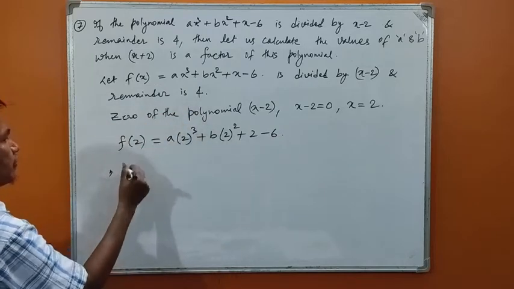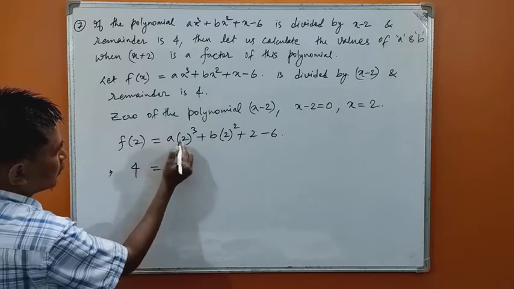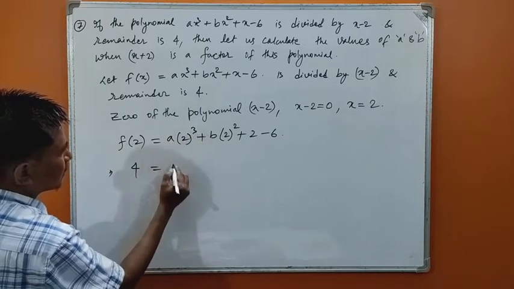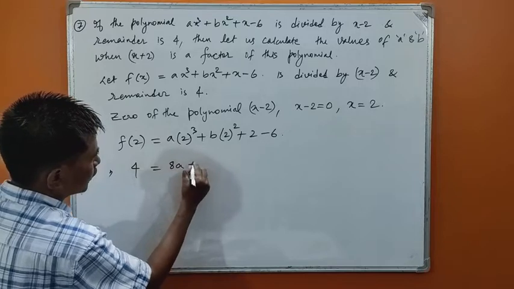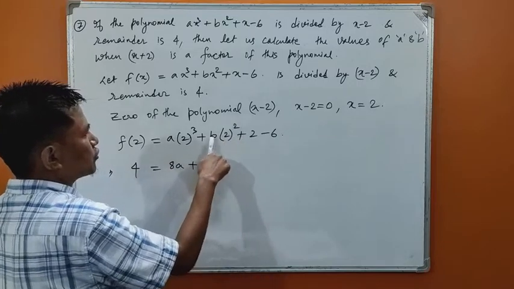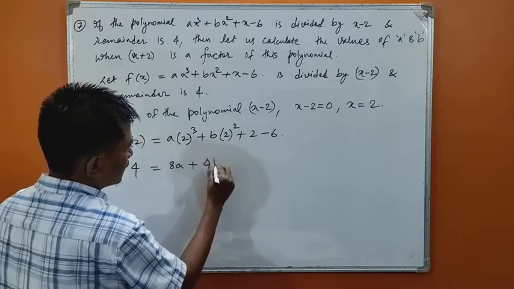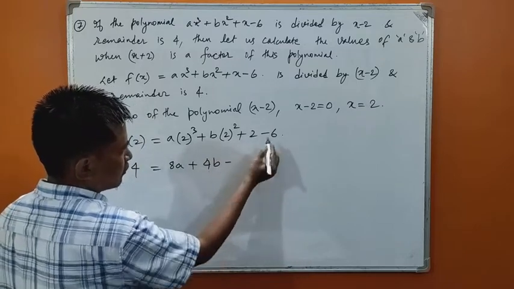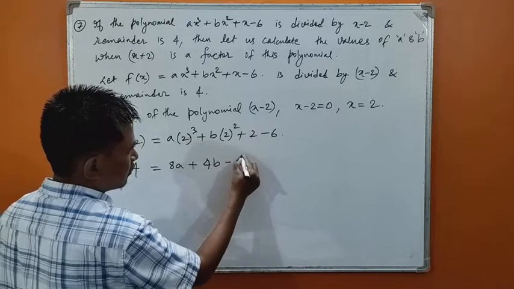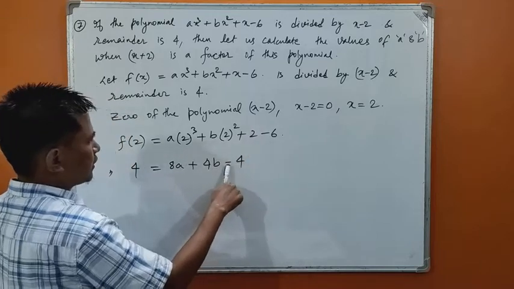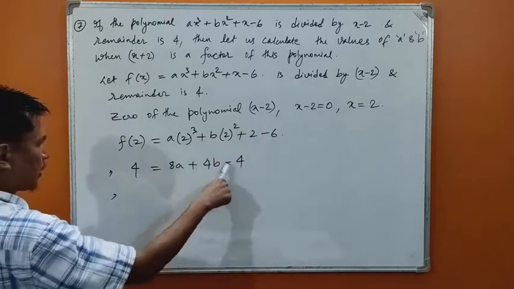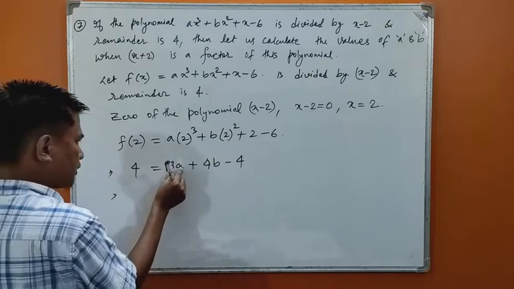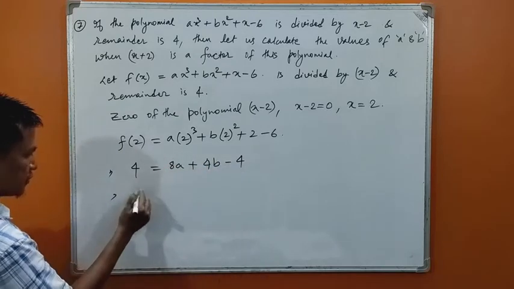Instead of f(2) we write 4 equals to 2 cubed means 8. 8 into a is 8a plus 2 squared means 4. 4 into b is 4b minus 6 minus 2 is 4, isn't it? 6 minus 2 is 4 and the sign of greater number comes, minus. So minus 4. Let's bring this minus 4 to the left hand side.